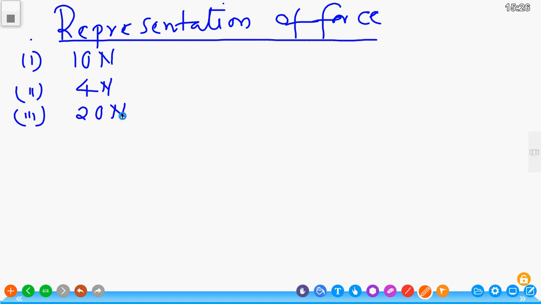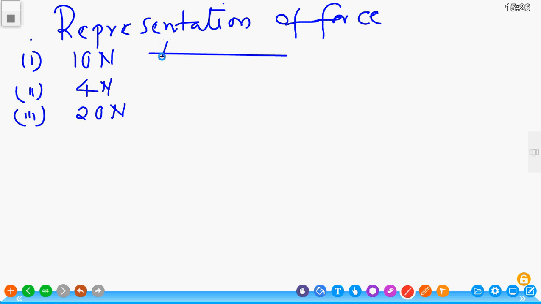Force is represented using a straight line that has an arrow on one end.